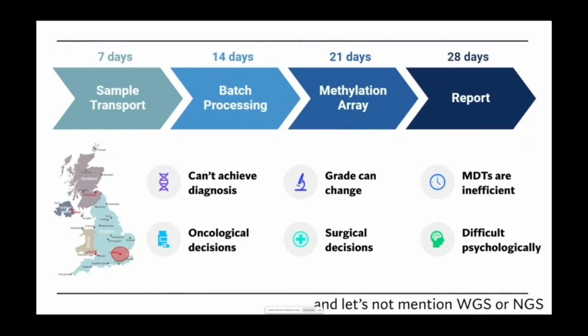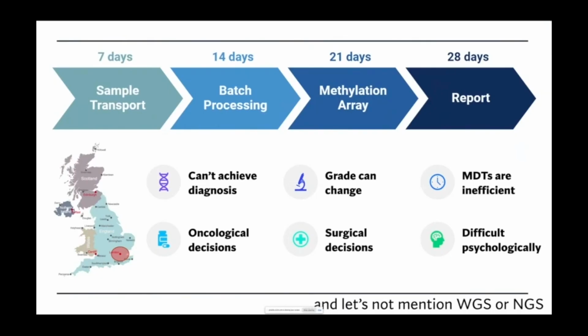And of course, this is incredibly important for clinicians, that you can't get a fast diagnosis. It's possible that the grade of the diagnosis may change. It means that MDTs, the multidisciplinary team meetings where clinicians discuss patients, can often just be waiting for a result. The correct approach with respect to treatment, so oncology, post-surgery, and even surgical decisions themselves may have been better informed had you had knowledge of a specific classification or confirmation of a classification.